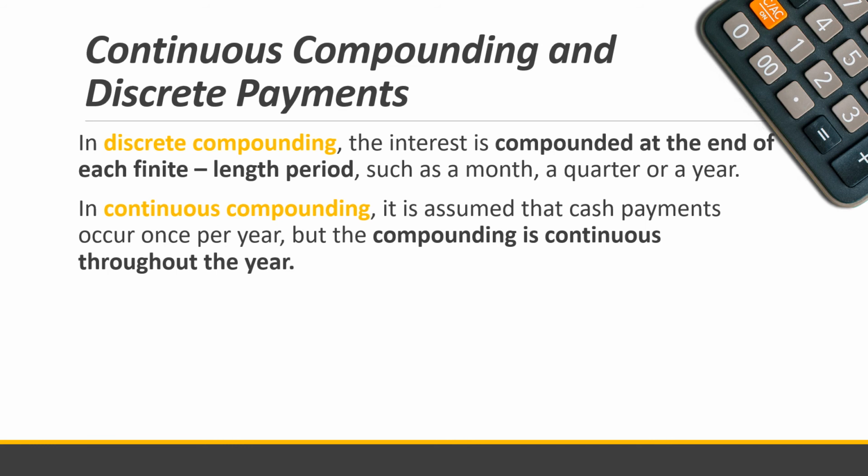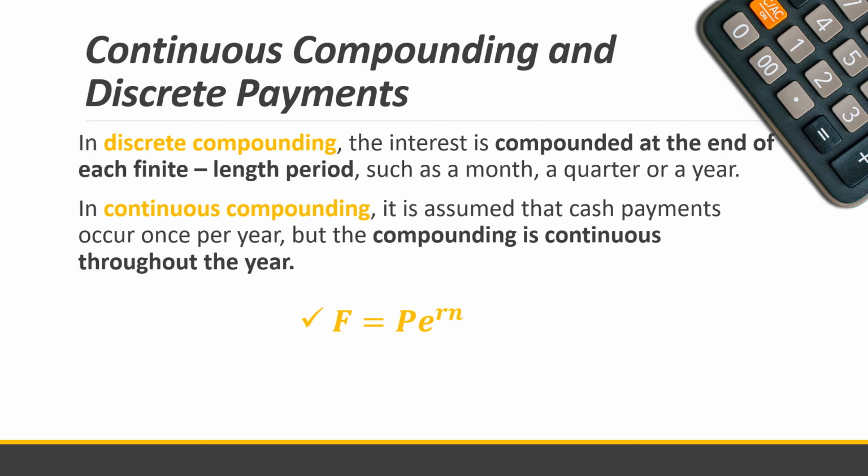So in the case of continuous compounding, it is assumed that the cash payments occur once per year, but the compounding is continuous throughout the year. So the formula for continuous compounding is future worth is equal to principal or present worth multiplied by e to the power of r times n.